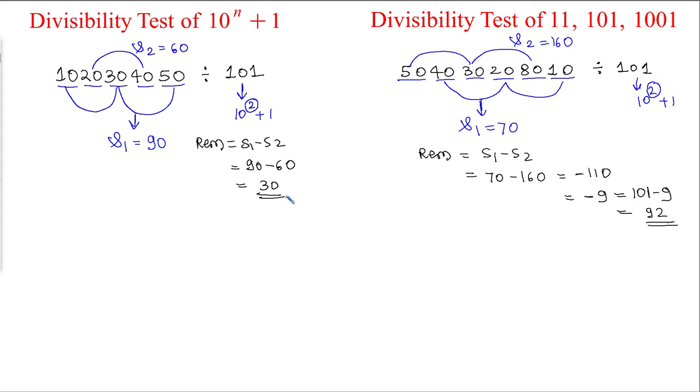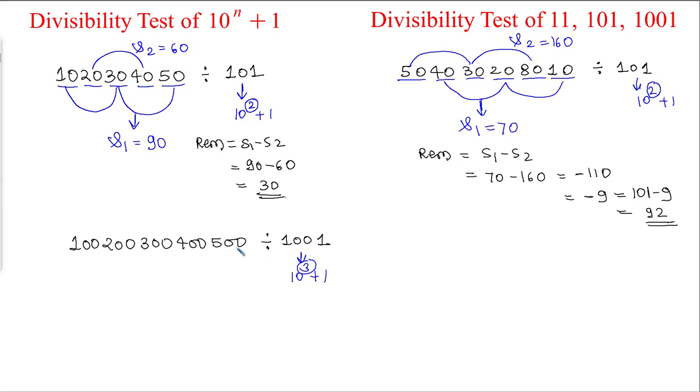Now let's have a look at another example. Let's take the number 100, 200, 300, 400 and 500. Let's divide this number by 1001 and find the remainder. 1001 is nothing but 10 to the power 3 plus 1, so the value of n is 3.